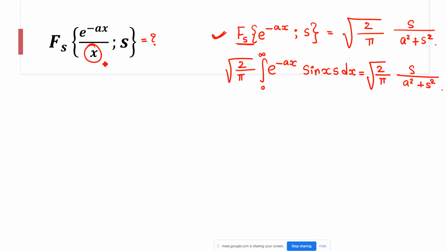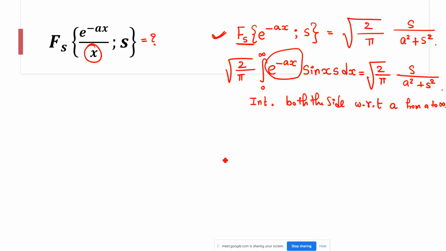Since I want the division by x, I integrate both sides with respect to a, because if I integrate e raised to minus ax with respect to a, I have to divide it by minus x. That is the advantage of integrating both sides with respect to a, from the limit a to infinity.